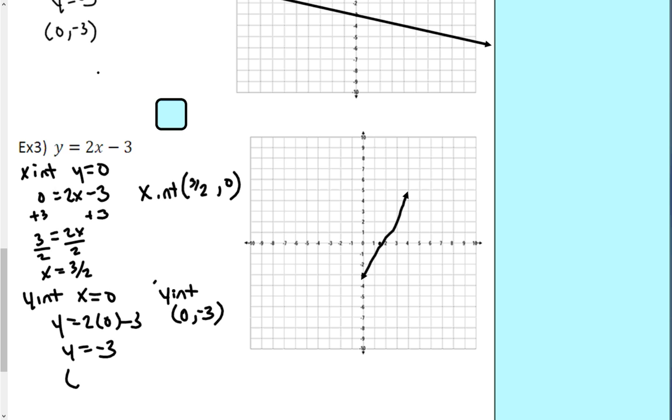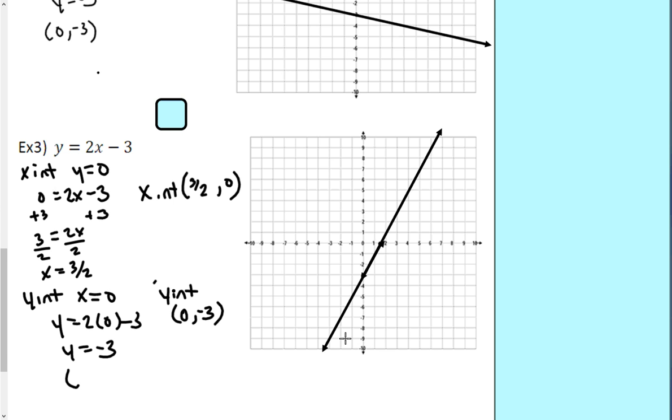Wow, that gets annoying every time I do that. Going through there, and going through there. And there you have it. There's the graph of your line.